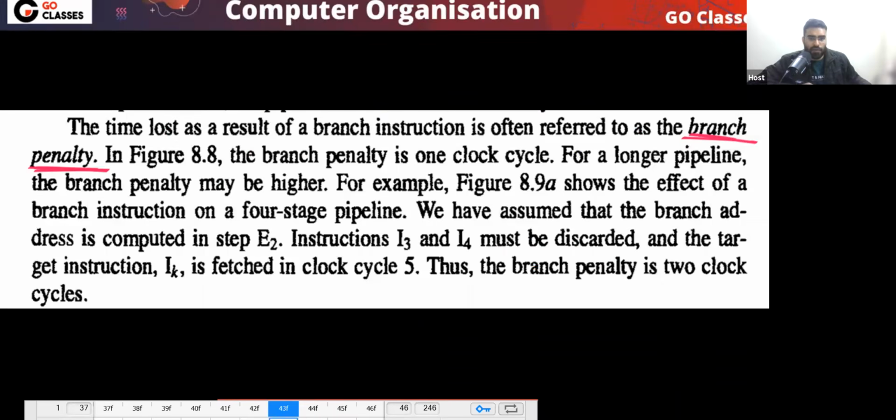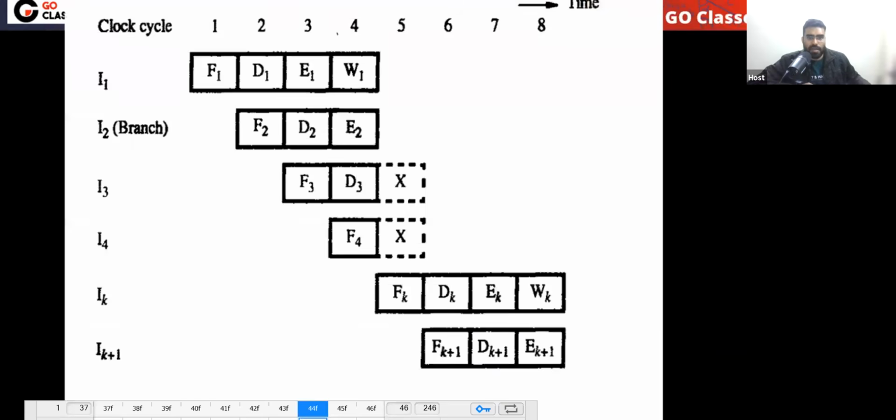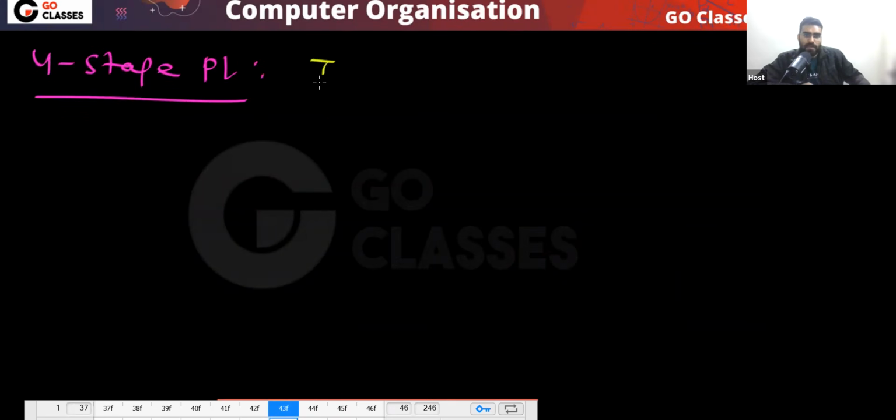Let's move on. If you have a 4-stage pipeline, and in the execution stage you are resolving the branch, then what will happen? Let's assume your pipeline is a 4-stage pipeline: instruction fetch, instruction decode, execute, and write back.